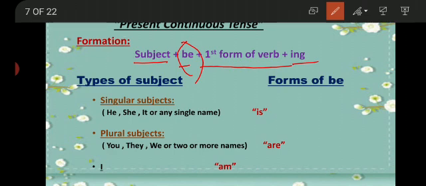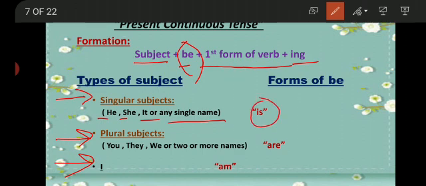According to the types of subject, or you may say 3 types of persons, the subjects are divided into 3 categories: singular, plural, and I category. Singular subjects are he, she, it, or any single name. For the singular subject, we use is.